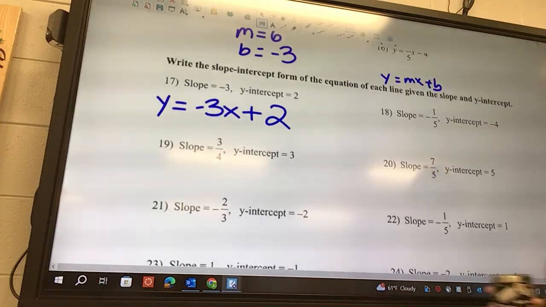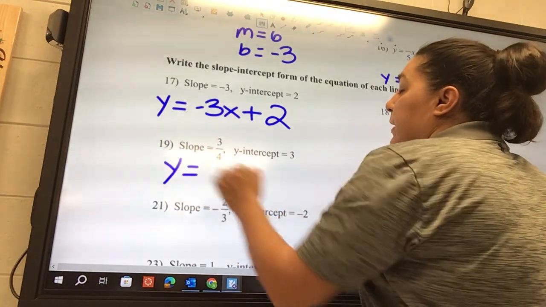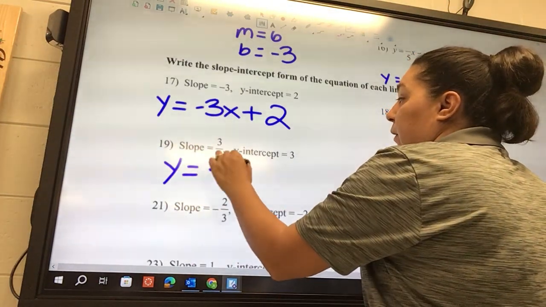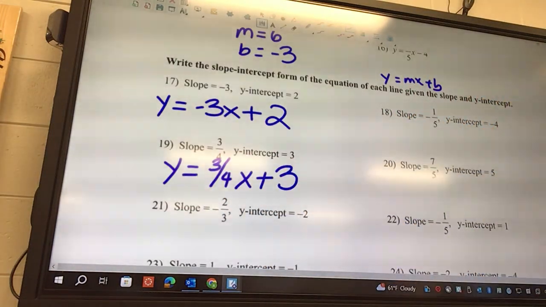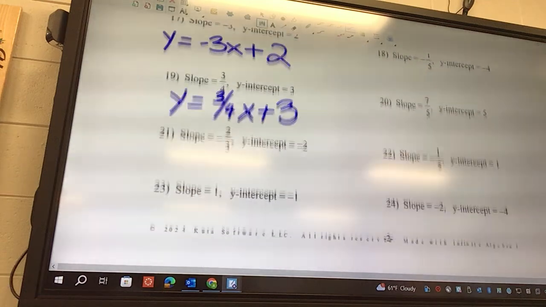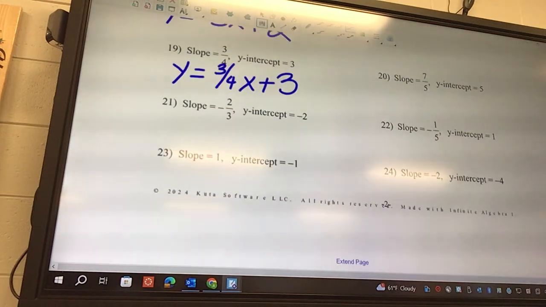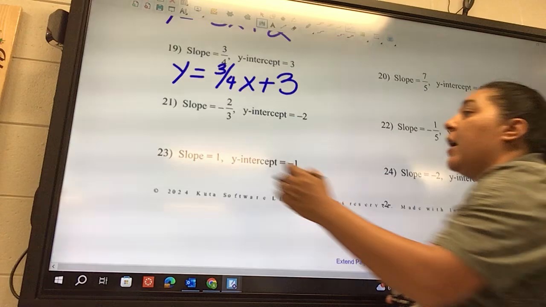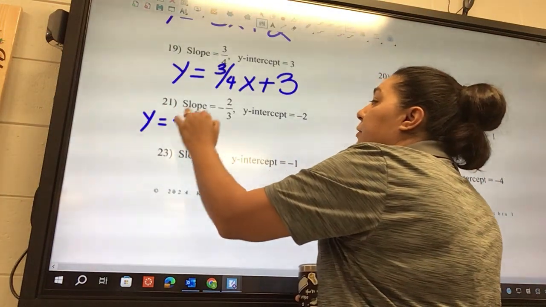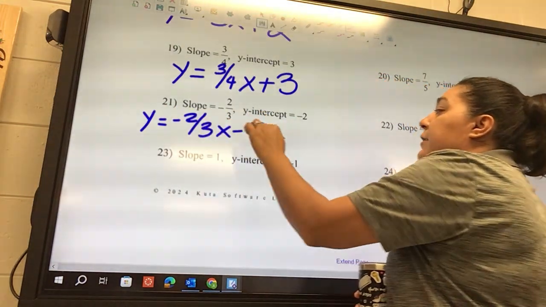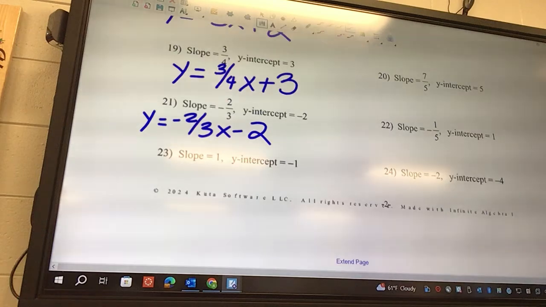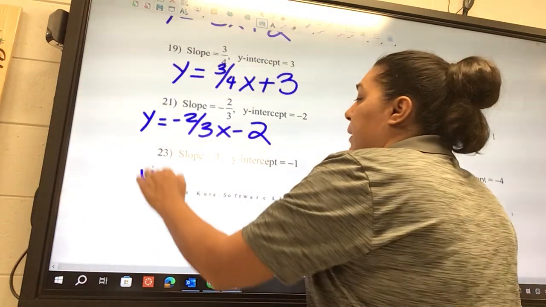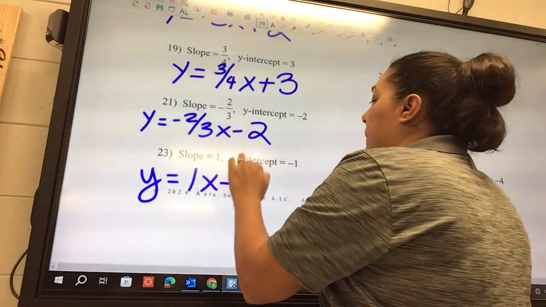Okay, 19 is going to look like y equals, what's my slope? 3/4x plus 3. Okay, 21 is going to be y equals -2/3 x minus 2. And lastly, 23 is going to be y equals 1x minus 1.